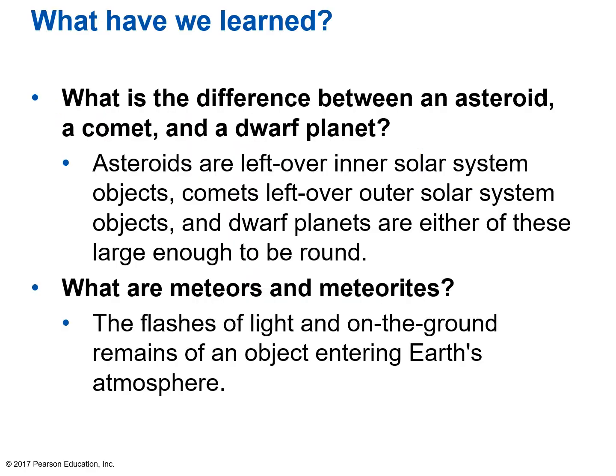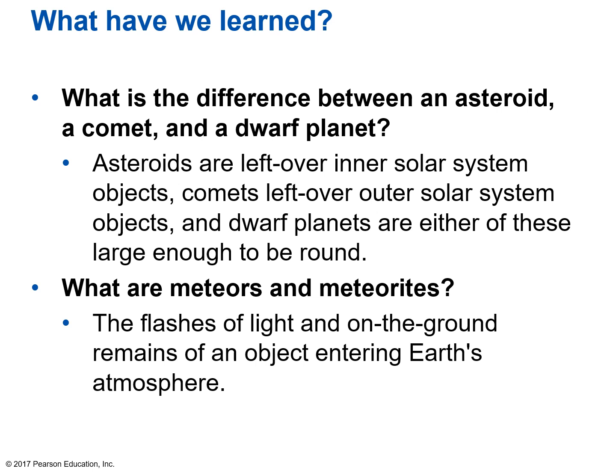So what have we learned in this video? The difference between an asteroid, a comet, and a dwarf planet. Asteroids are leftover inner solar system objects, and by leftover, I mean leftover from the formation of the solar system. Comets are leftover outer solar system objects, so beyond Mars's orbit, beyond the asteroid belt.